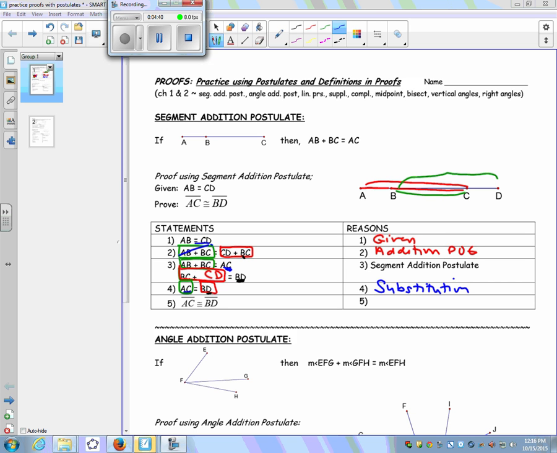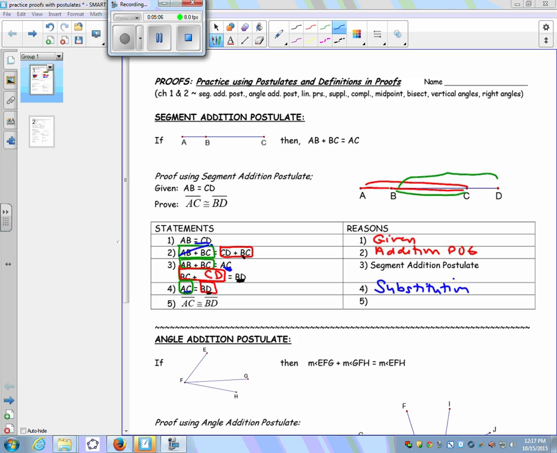Remember though, if you're tempted to say subtraction, you've got to remember you are looking for the same exact thing on both sides being subtracted. And if you can't look from one step to the step you're working on and say, oh yeah, look at that, they subtracted whatever from both sides, then you can't use subtraction.